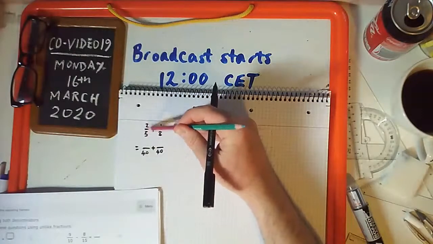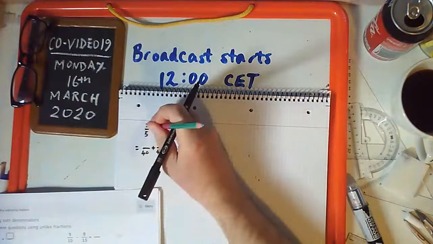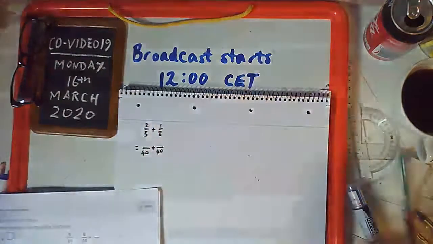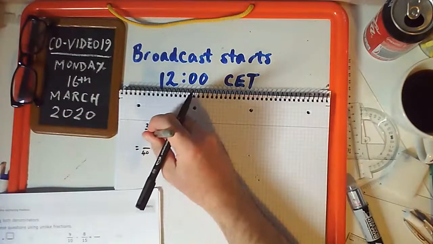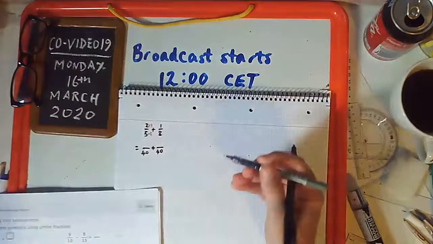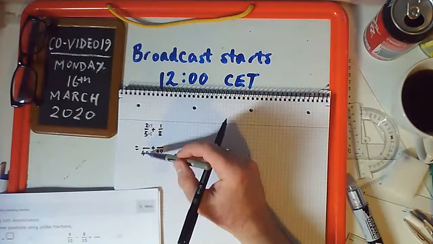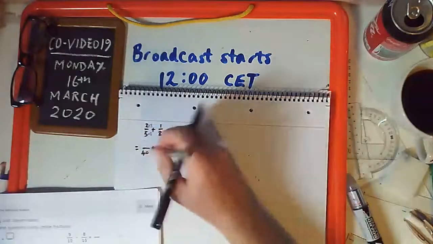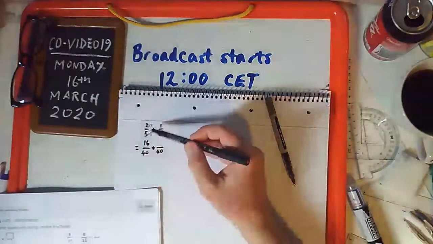So 2/5, I want to write it as something over 40. So I need to multiply the top and the bottom by, let's find a pen that I can see. If I multiply the top and the bottom by 8, then the bottom will be 5 times 8 is 40. So that will work. So that gives me 16 40ths. And remember, I didn't multiply by 8 there.